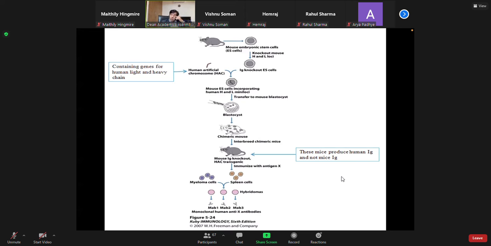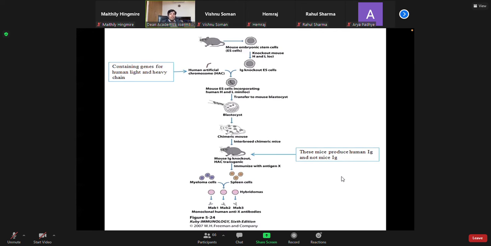Now, where do you inject? You have to inject it in these embryonic stem cells which are already knocked out of the immunoglobulin gene, right? Because the aim of this whole exercise is to generate antibody in a mouse which is of human origin.